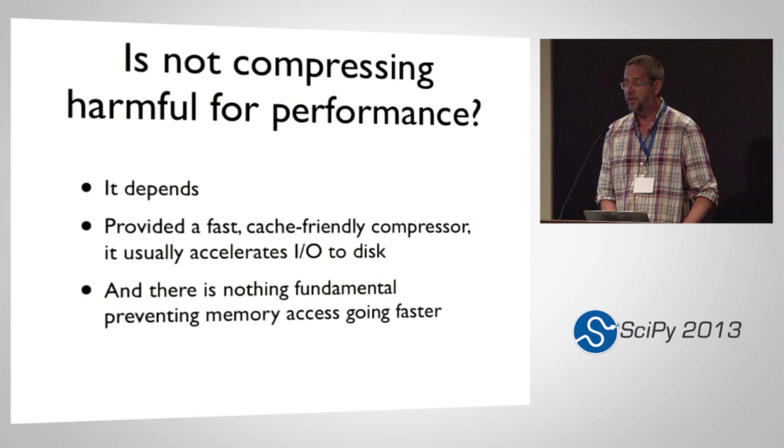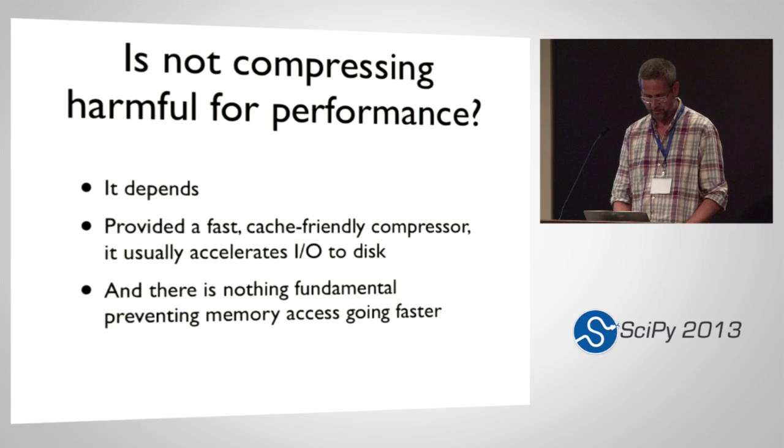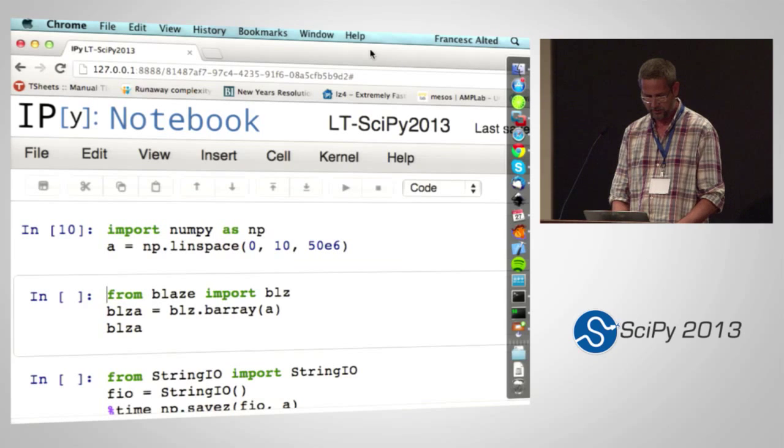So you may ask if compressing is not going to hurt performance. Well, the quick answer is that it depends. It usually helps a lot when you're doing I/O to disk, and there is nothing fundamental preventing memory access from going faster either. So let me show you a small benchmark.